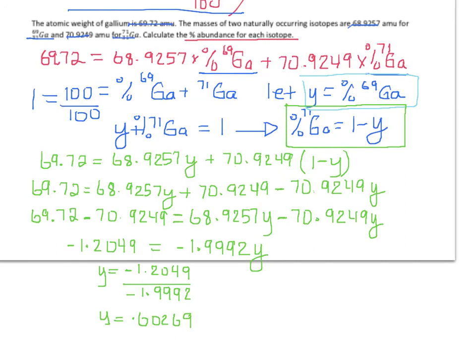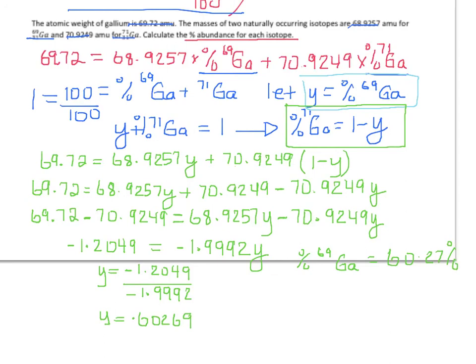But remember, we had divided by 100. So the percent of gallium 69, since y is equal to gallium 69, we take y and multiply by 100, which gives us 60.27% if we round it off to 4 significant figures.